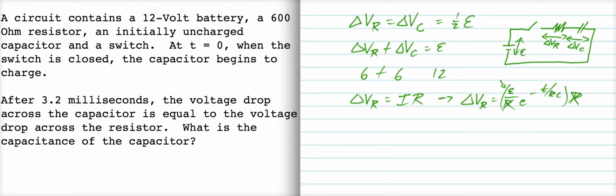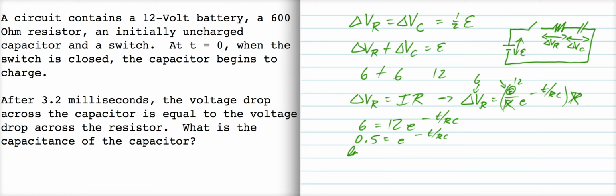And I'm left with 6 is equal to 12 times e to the minus t over RC, right? This is 6, the EMF is 12, so that means a half is equal to e to the minus t over RC.